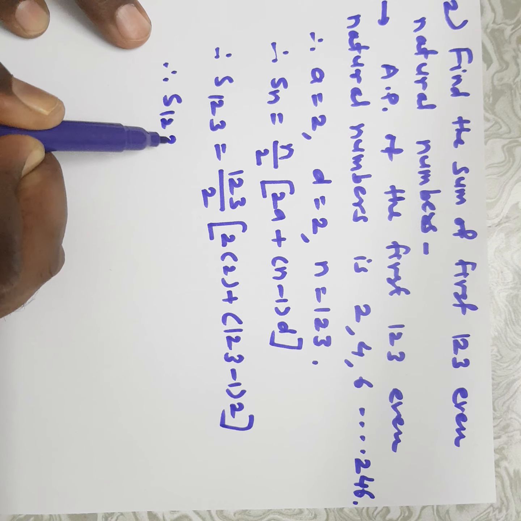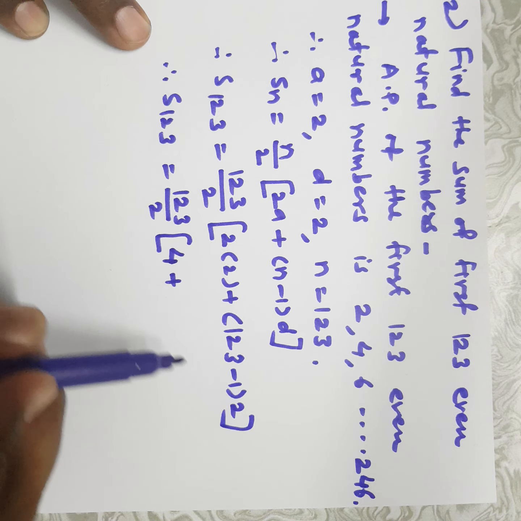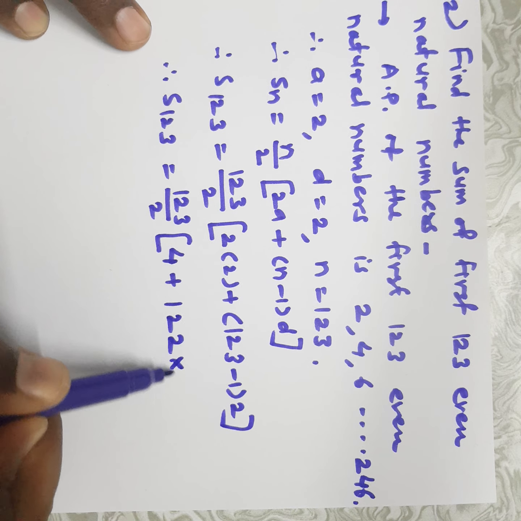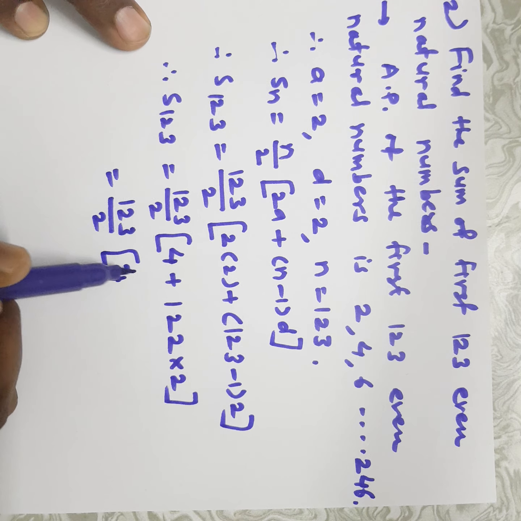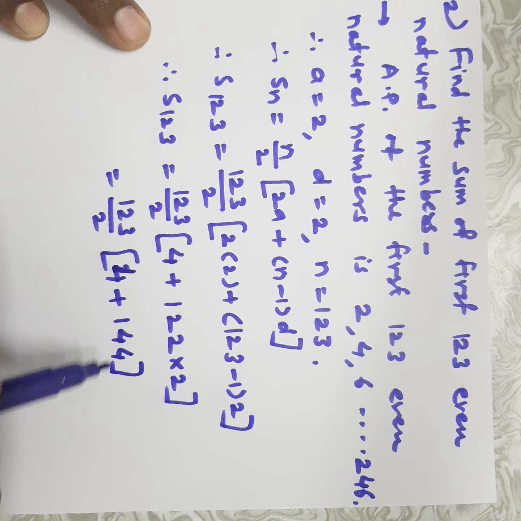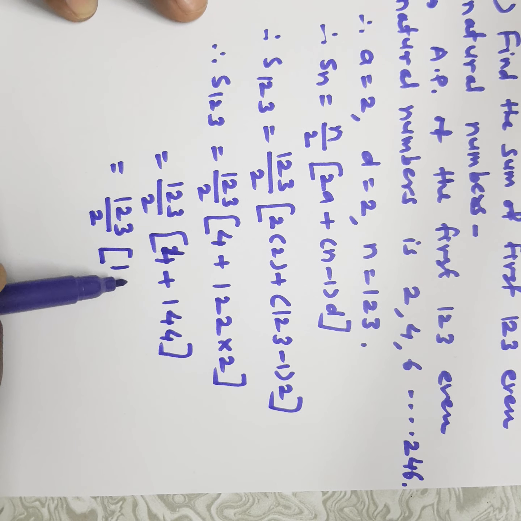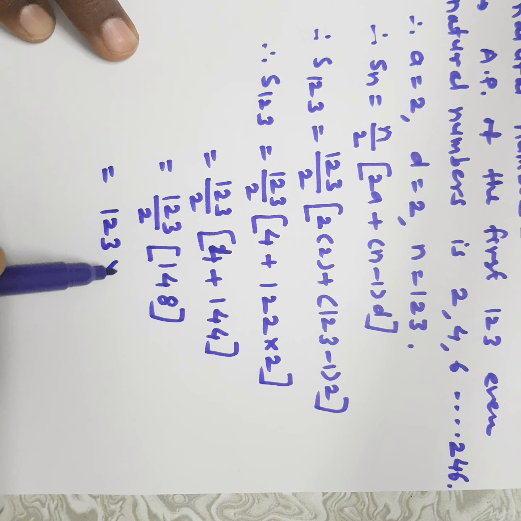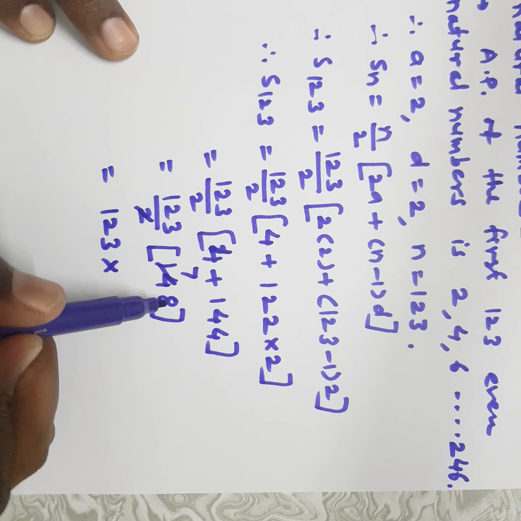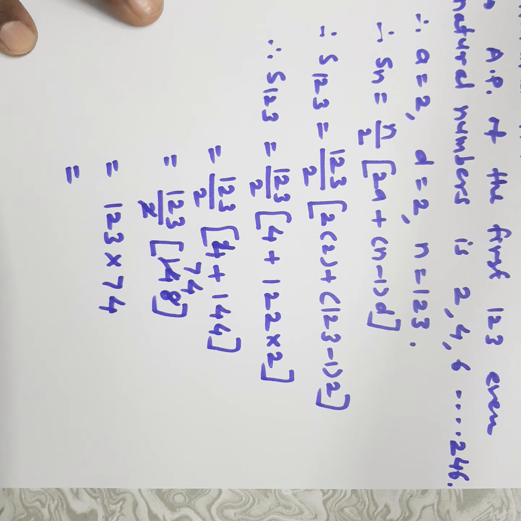Therefore S123 is equal to 123 upon 2 into bracket 2 into 2, 4, plus 122 into 2, which is 244, is equal to 123 upon 2 into bracket 248. Therefore, if we divide 248 by 2, we will get 124, and 123 into 124 will be 15,252.